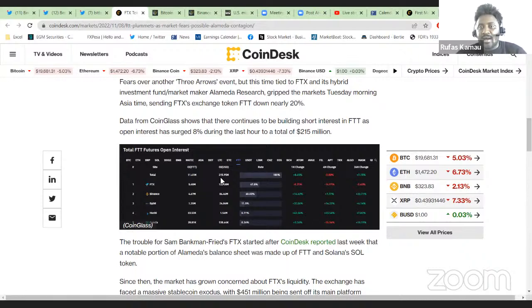As long as more and more of these websites keep publishing news about the FTX going down and driving confidence that the price will keep going down, then we'll be expecting the price to keep going down unless they get more money and support the coin in the opposite direction. At the same time, we know that Binance is slowly unloading its position, which is roughly about $500 million.